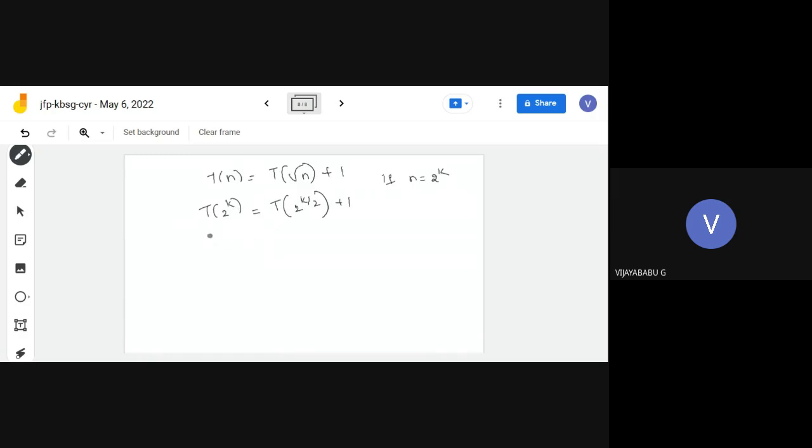To solve this one, again we calculate T(2^(k/2)) = T(2^(k/4)) + 1. Again we substitute T(2^(k/4)) = T(2^(k/8)) + 1, and so on.